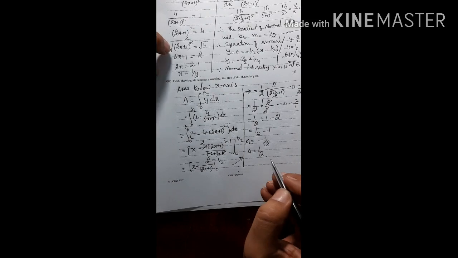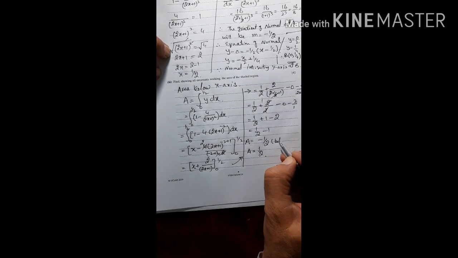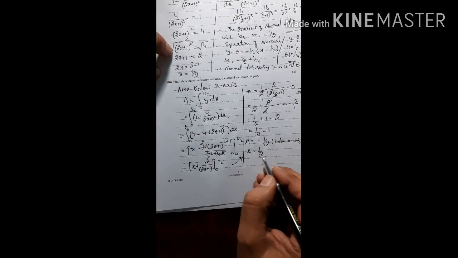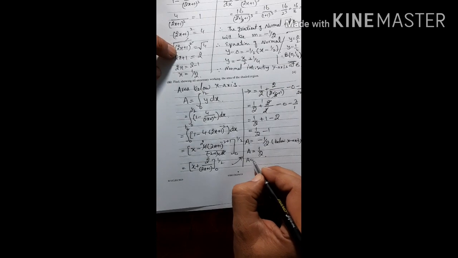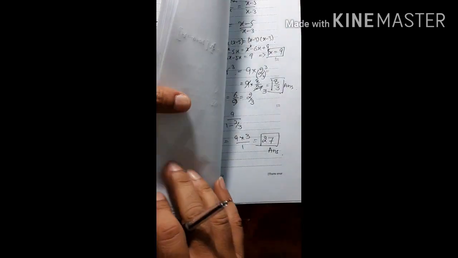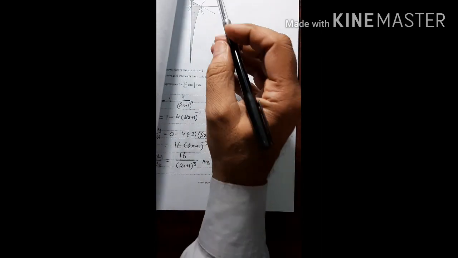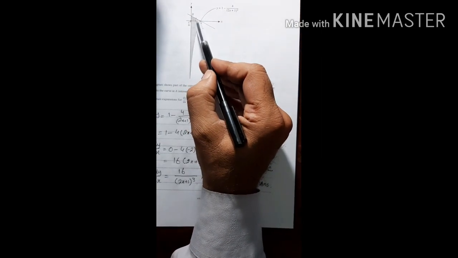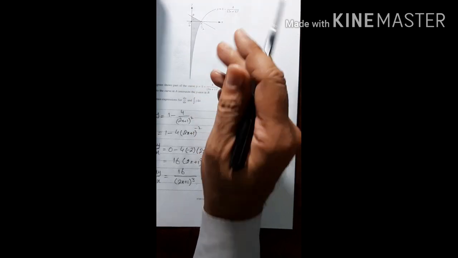Now the area of the triangle above the x-axis. Because if you see the figure, this one above the x-axis is a triangle. So I'll use the area of triangle formula.